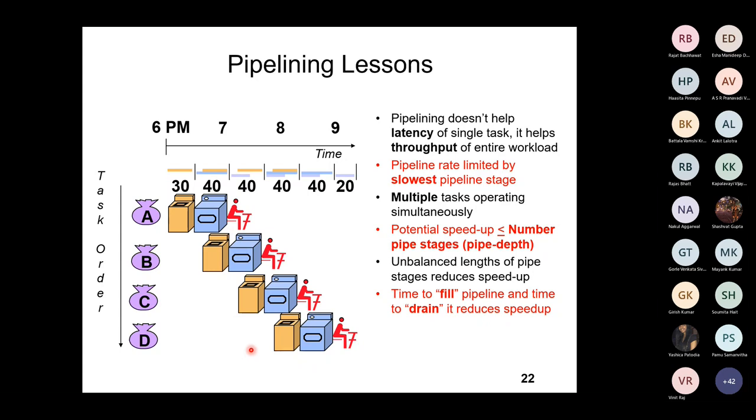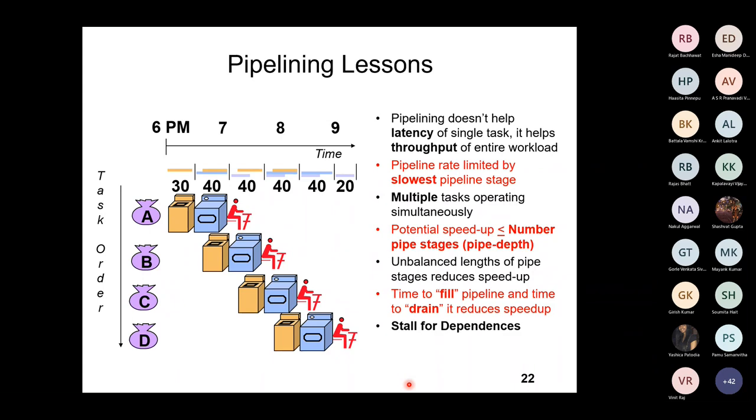So when all the 3 resources are busy, you are getting the maximum benefit. And that's when you get the maximum parallelism. Before that, you have some filling time and you have some draining time. Also, for each instruction, if you consider a particular user, he or she does not have any savings in time, but altogether, collectively, you have savings in time.